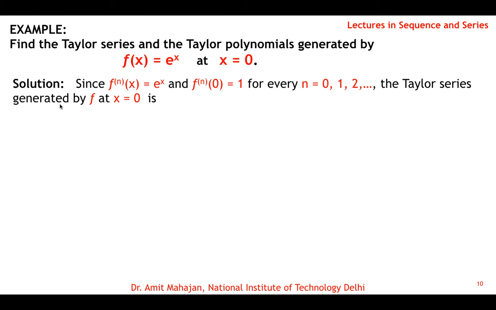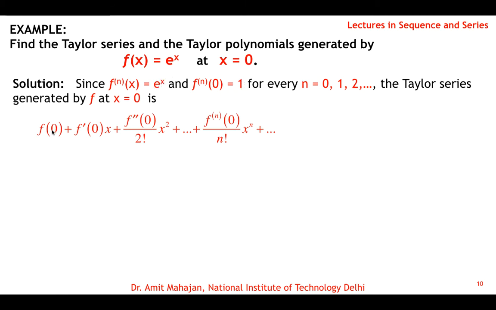And the Taylor series generated by the function at x equal to 0 is given by this formula: f of 0 plus f dash 0 times x plus f second derivative 0 by 2 factorial x square plus so on. Before we substitute, if we have to calculate for any other point x equal to a, then the nth derivative, we can calculate f n at x equal to a, so it will be like e power a.